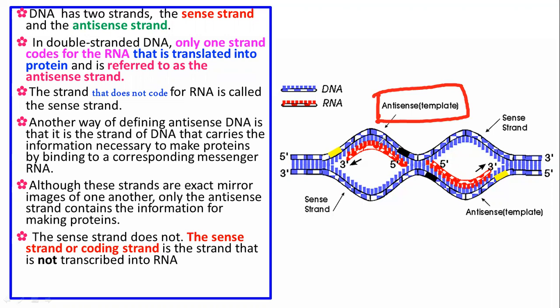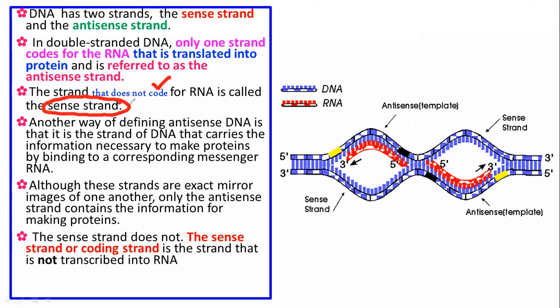You can now have a look that in this double-stranded DNA, only one strand will be used for the RNA code, and that will later be translated into protein. That's called the antisense, the newly synthesized strand. The strand that does not code for RNA is called the sense strand.